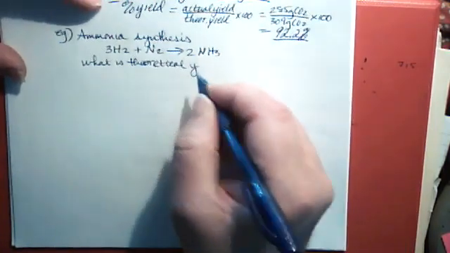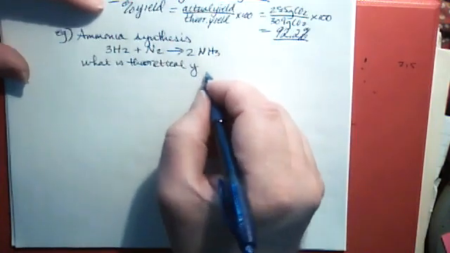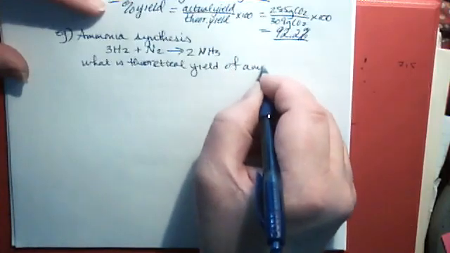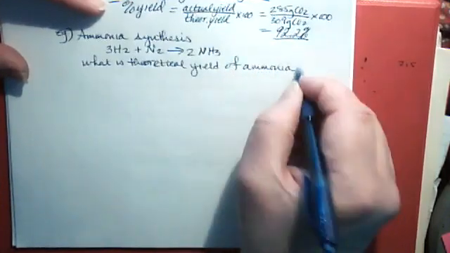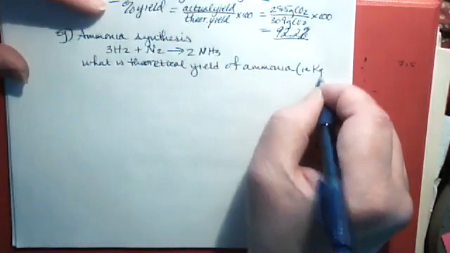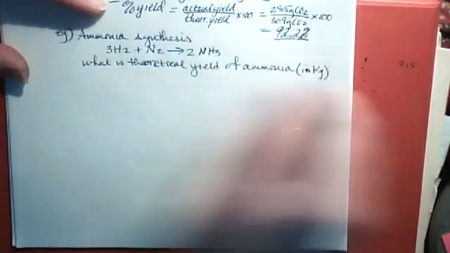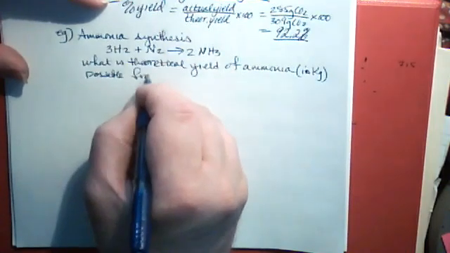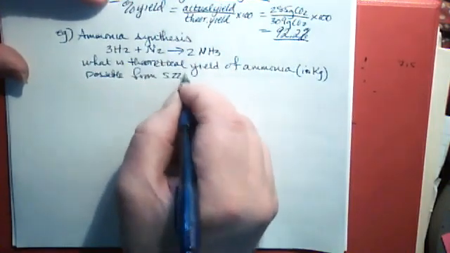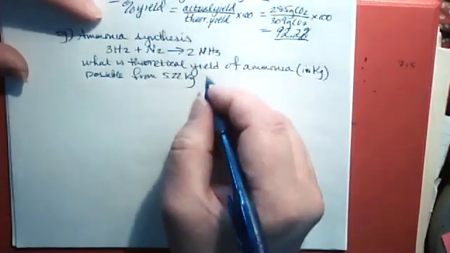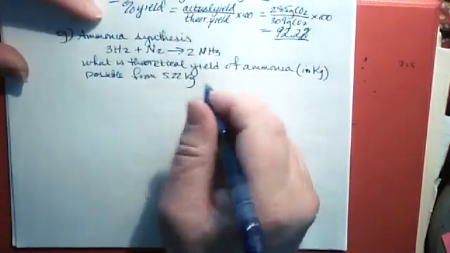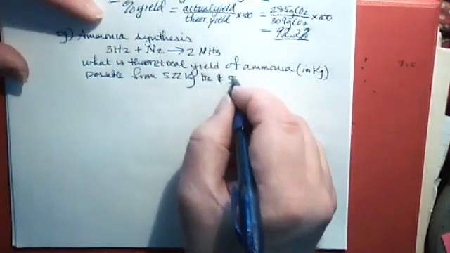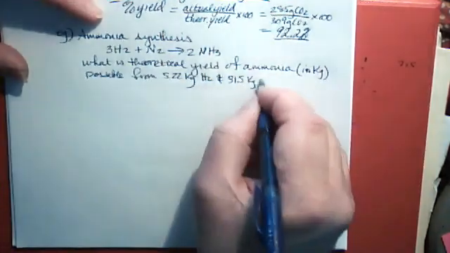Okay, so what is the theoretical yield of ammonia in kilograms possible from 5.22 kilograms hydrogen and 31.5 kilograms nitrogen?